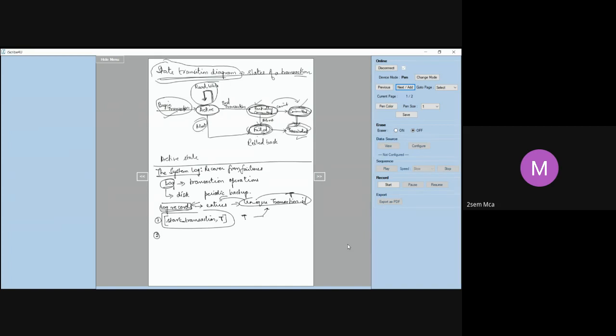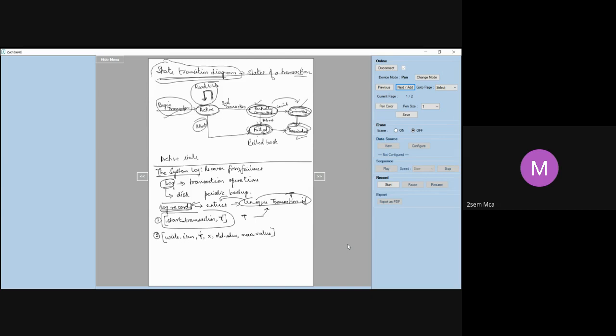The next kind of entry in your log will be write_item, T, X, old value, new value.